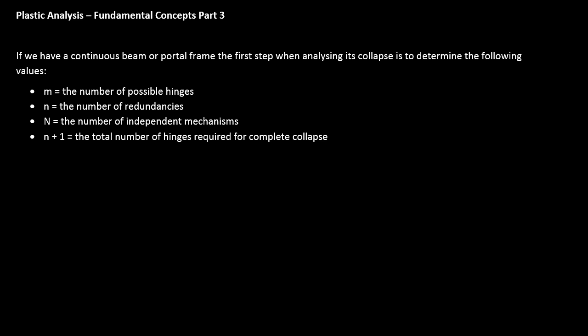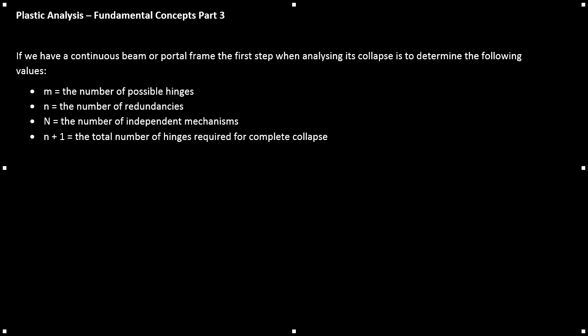Lowercase n represents the number of redundancies within that structure. Uppercase N is equal to the number of independent mechanisms. And then lastly, lowercase n plus 1 equals the total number of hinges required for complete collapse.